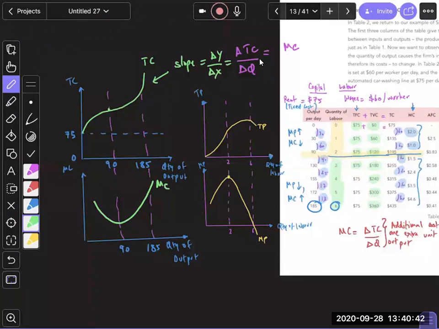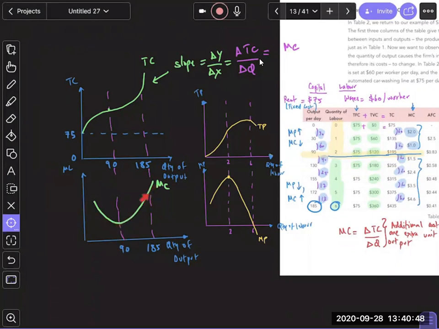For the first two workers, on 90 units of output, marginal cost was going down. And then marginal cost was going up. When marginal cost is going down, cost is increasing at a slower rate. The rate is marginal cost. That rate is going down, which means cost is increasing at a slower rate. Then the rate is going up, which means cost is increasing at a faster rate.